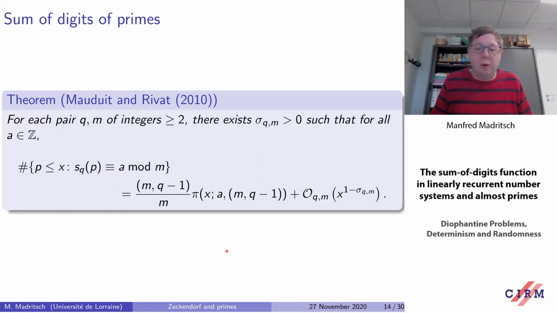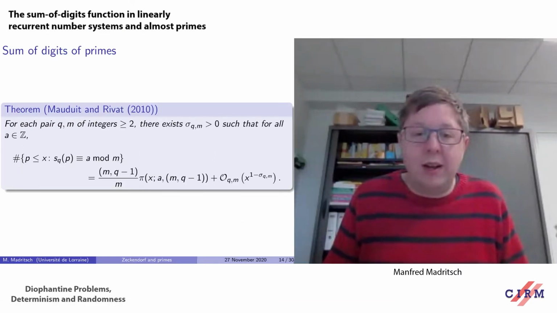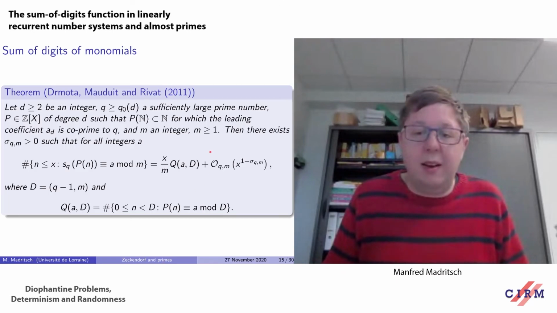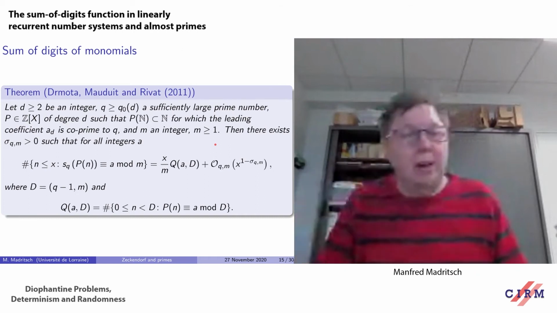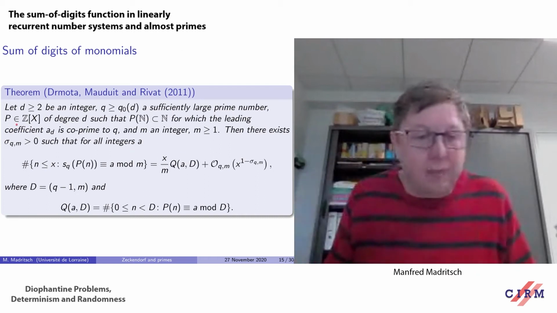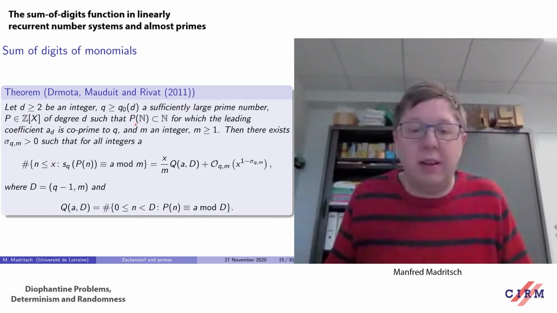And for polynomials, in the year after, in 2011, Drummond, Mauduit and Rivat considered polynomials with integer coefficients, so that the positive integers are mapped to the positive integers, and they considered the sum of digits function along these polynomials with respect to an arithmetic progression. And here they get a result if the base is sufficiently large.